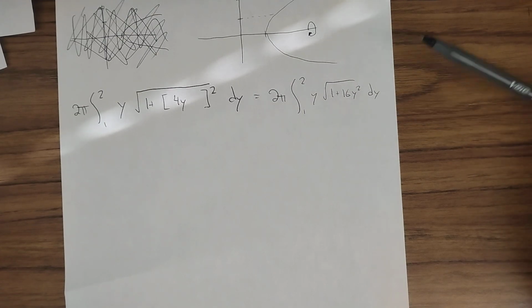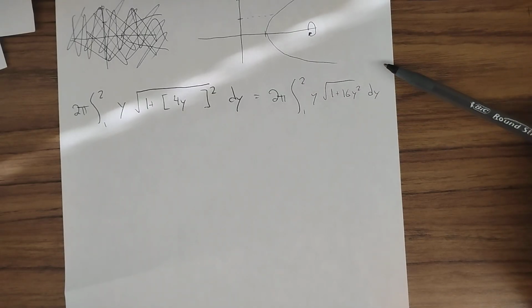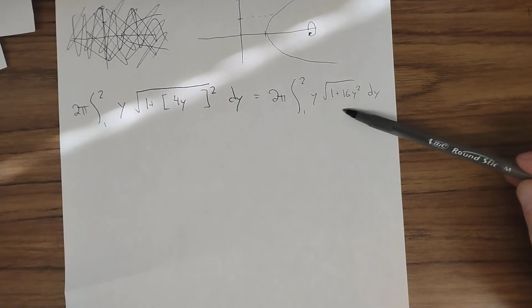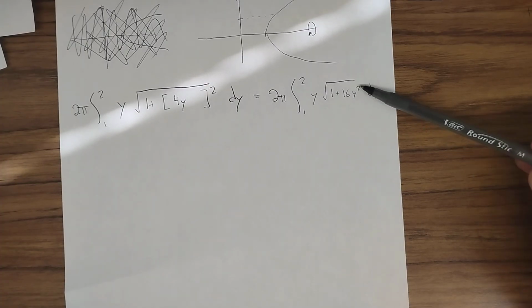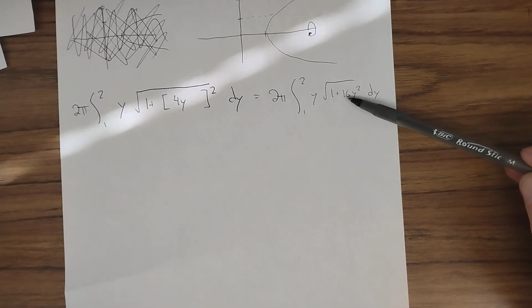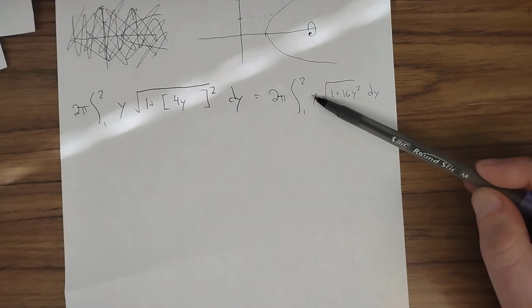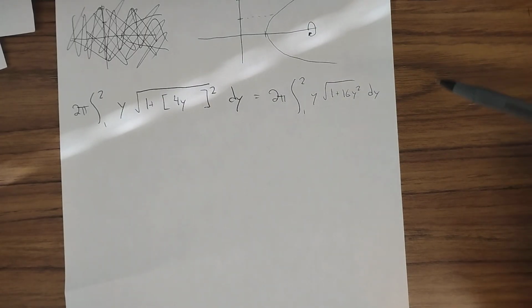This looks like maybe we could do a trig substitution, but before I rush into that, let me just think a little bit, and there's something easier. I can just do a regular substitution. I can let w be the thing underneath the square root, and as soon as that idea pops in my head, dw would be a 32y, and I don't care about the 32. What I care about is the y, because I see y right there. So this is going to work.